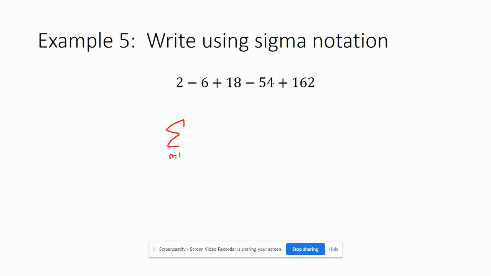We don't need to put the n equals; we can just put a 5 here. Our general term for our sequence here is t1 r to the n minus 1, which is 2 times negative 3 to the n minus 1. And there's our answer right there.